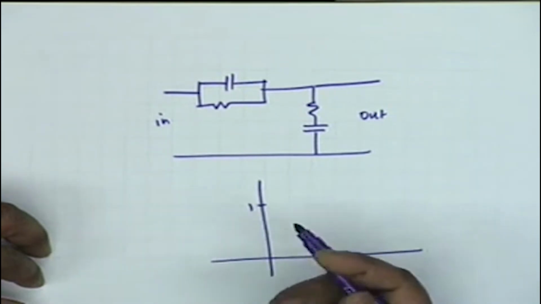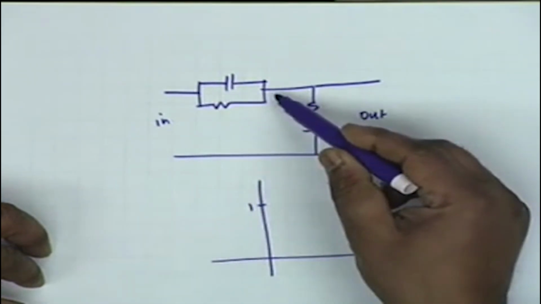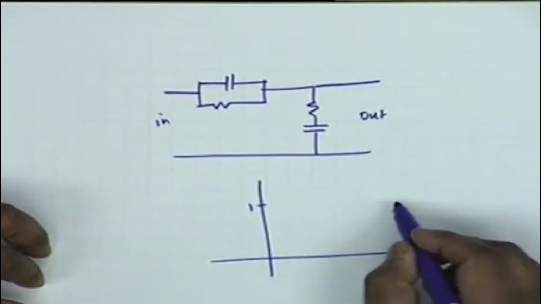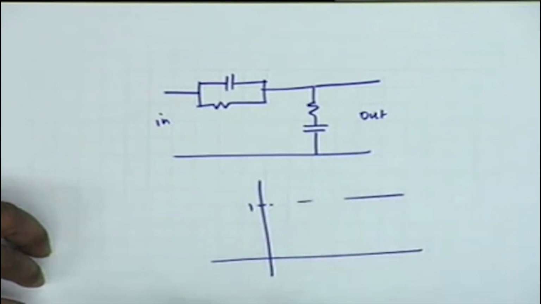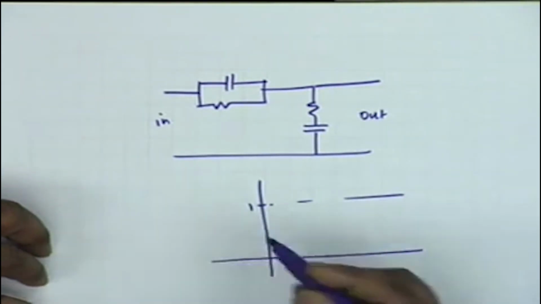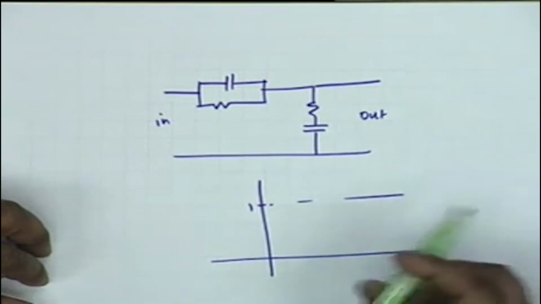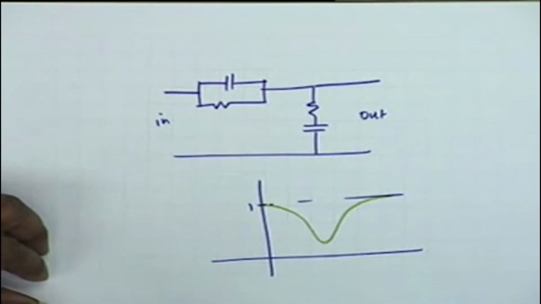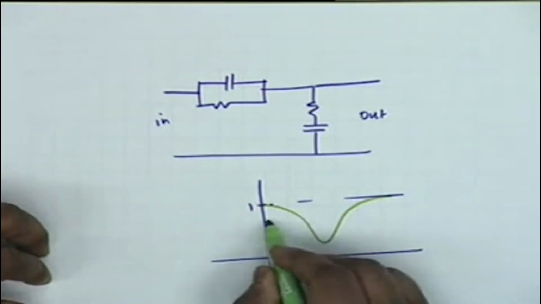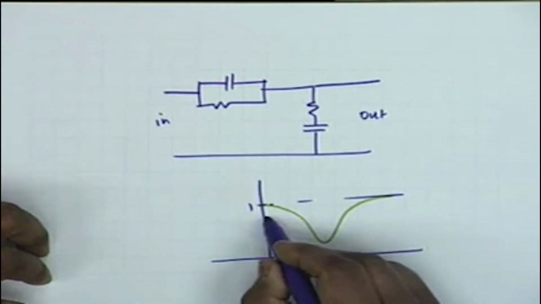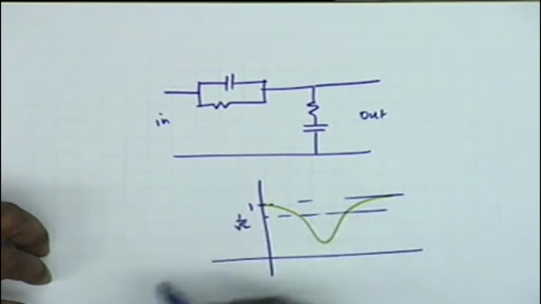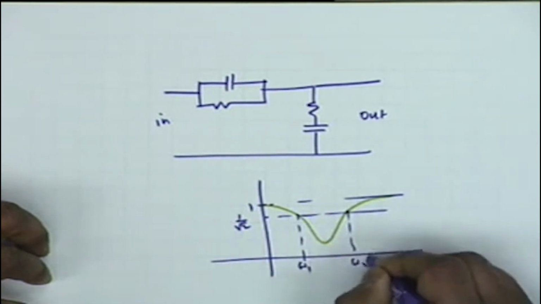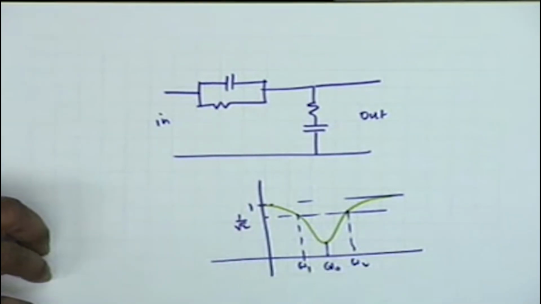At infinite frequencies this acts as a short, and therefore anything you connect here shall appear at the output. So at infinite frequencies also the response shall be 1, and in between there must be a minimum, something like this. This minimum may be 0, may not be 0, but you find the frequencies at which the response is 1 by root 2, omega 1 and omega 2, and denote the minimum frequency by omega 0.